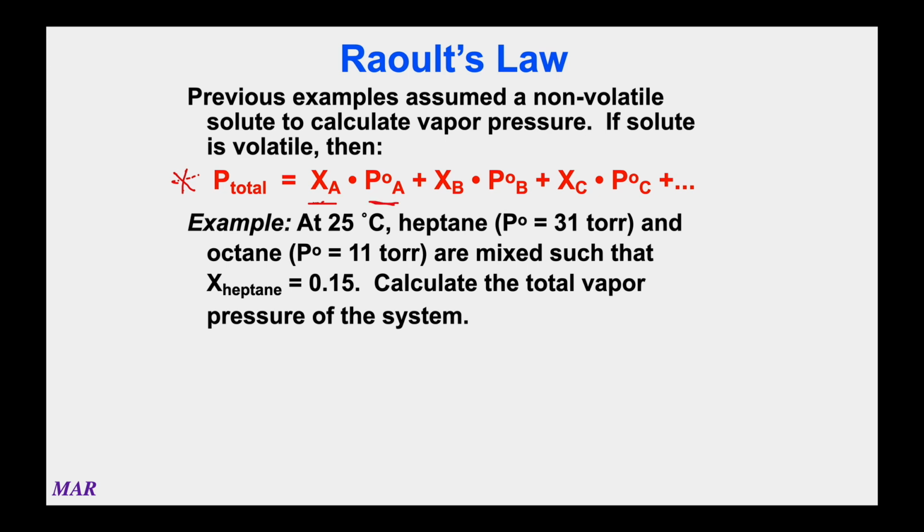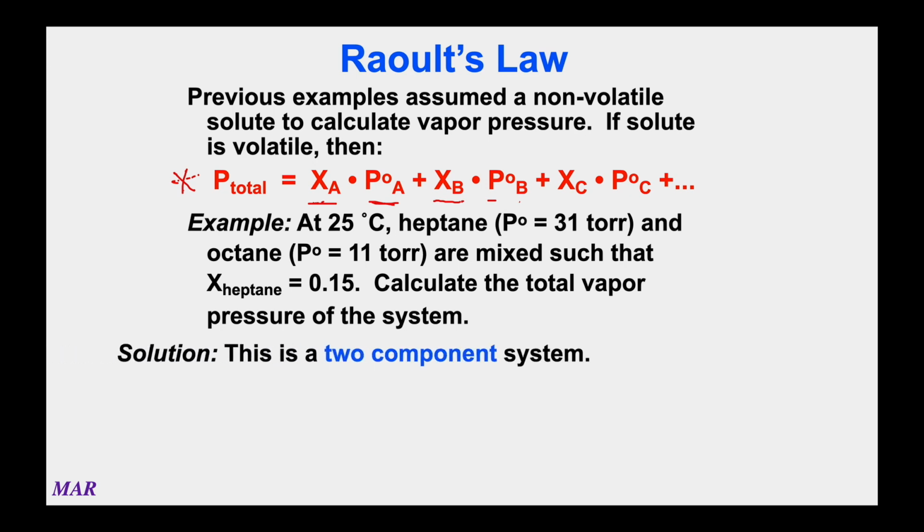That would be 31 torr, all right? Then the mole fraction of octane, the other piece: if there's only two components, then one minus the first gives you the second. So 0.85 is the mole fraction of the octane, and we'll multiply that by the vapor pressure of pure octane, which was the 11 torr number. We're going to add all these pieces together, and then we'll see what's going on.